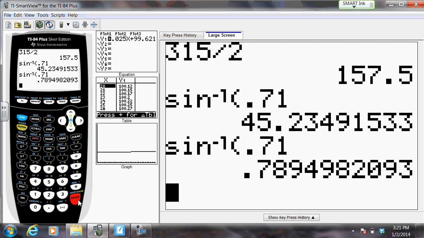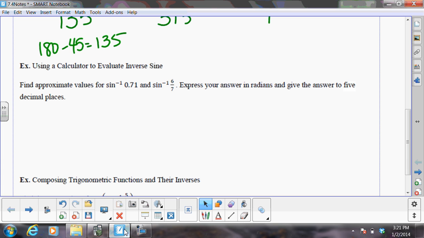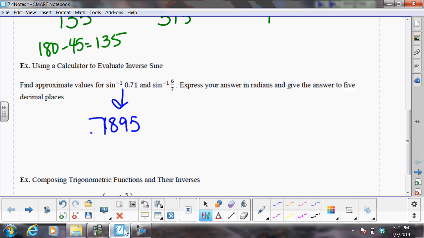So we're rounding to 5 decimal places. So 0.789498, which actually means 0.7895. So this one is 0.7895.